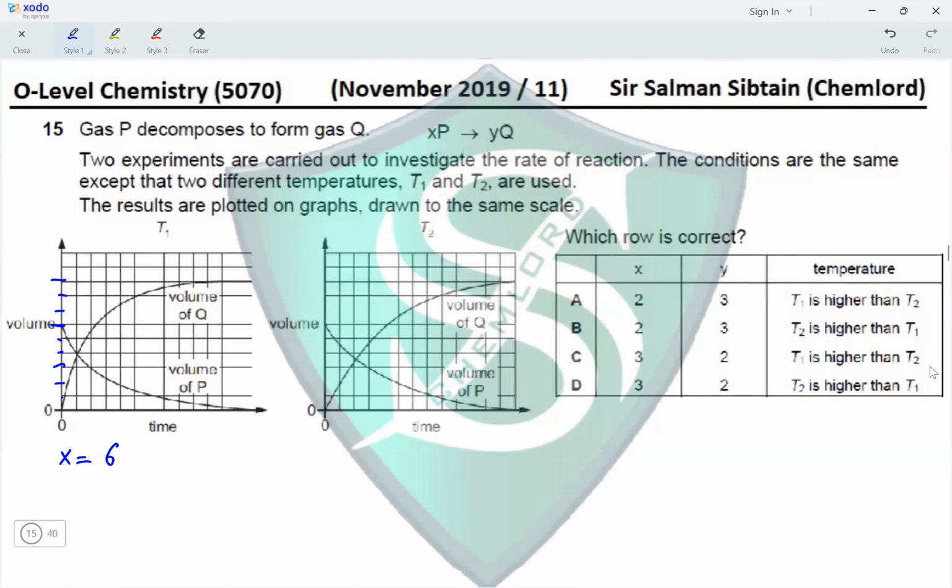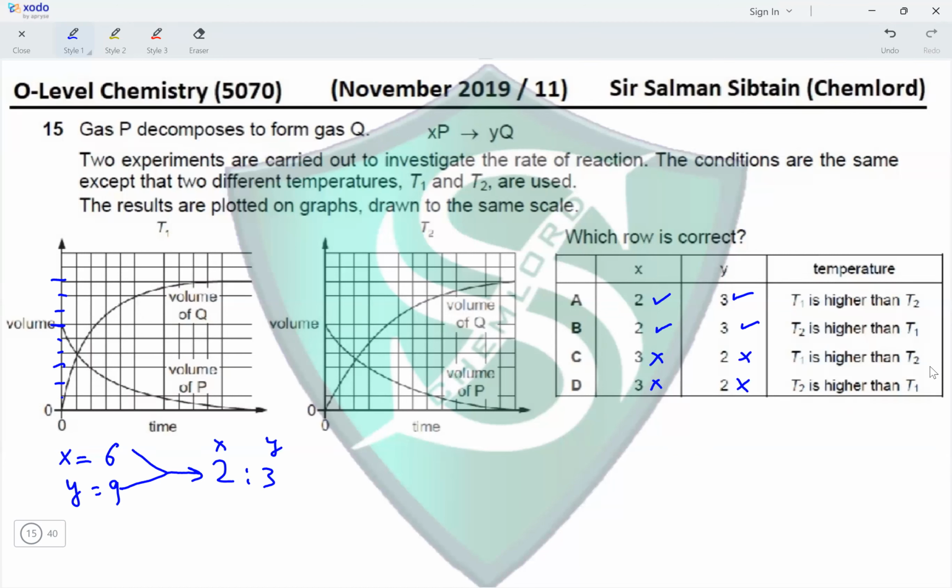And Y would be 9. Now 6 is to 9 is the same as 2 is to 3. So X would be 2, Y would be 3. So X2, Y3, X2, Y3. Options C and D have been eliminated. Options A or B might be correct.